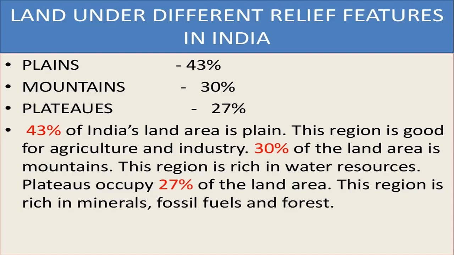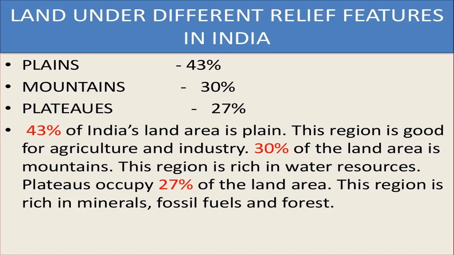You also saw that mountains help ensure a perennial flow of some rivers. They provide facilities for tourism and ecological aspects. The plain area provides facilities for agriculture and industry, that is 43%.